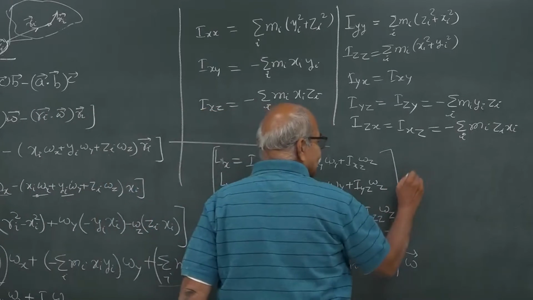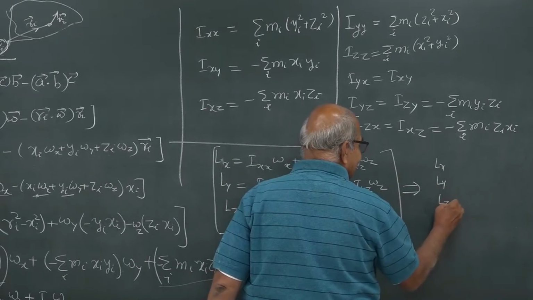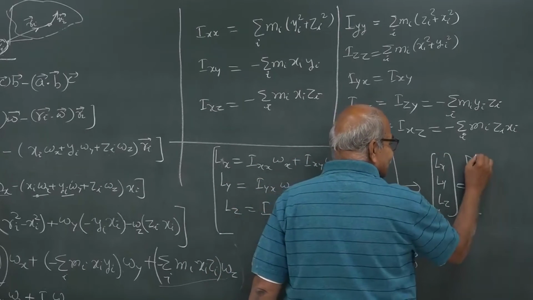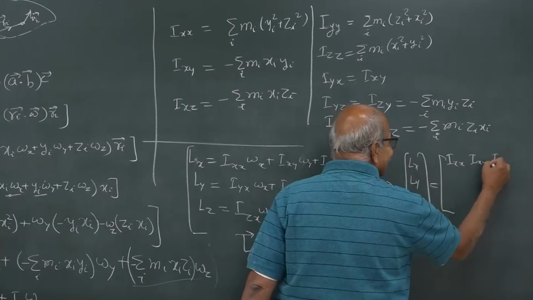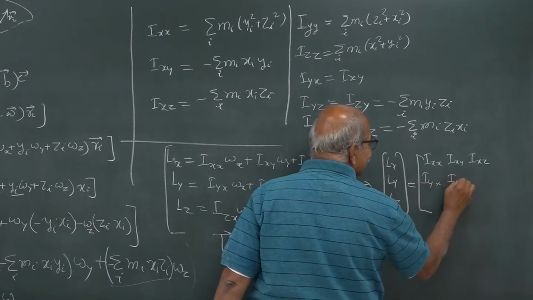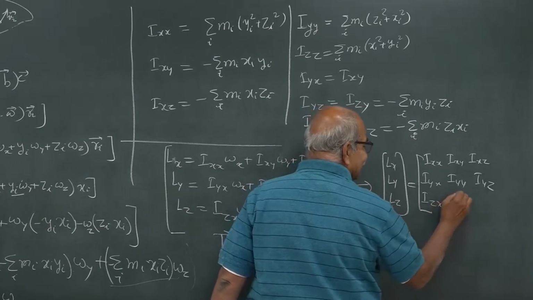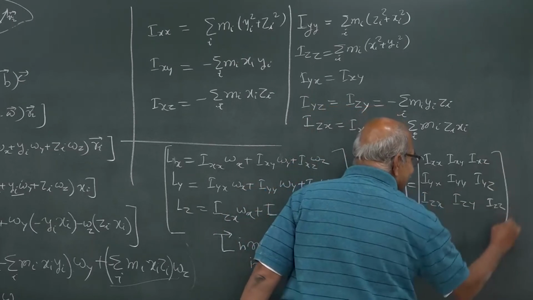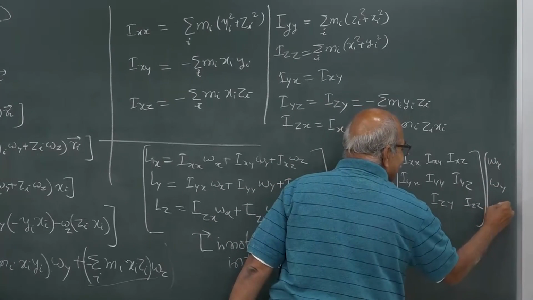You will write it as the column matrix Lx, Ly, Lz equal to the matrix Ixx, Ixy, Ixz and so on, Iyx here, Iyy here, Iyz here, Izx here, Izy here and Izz here, and then on this side it is omega x, omega y and omega z.